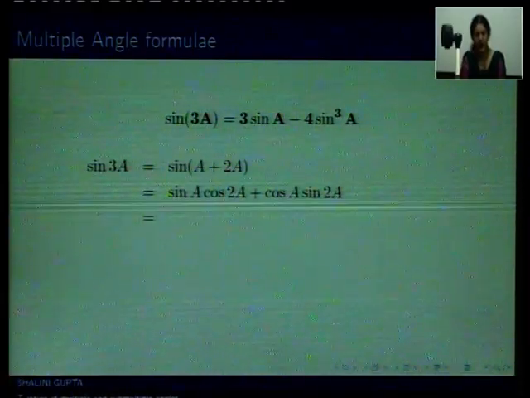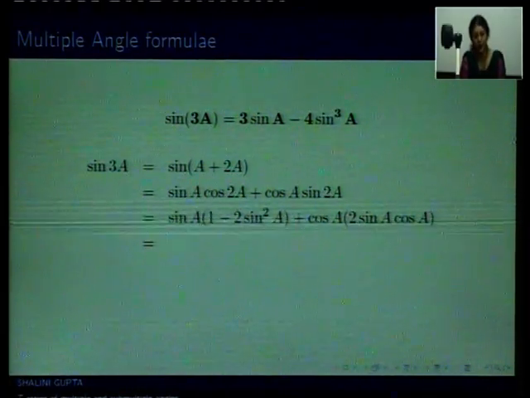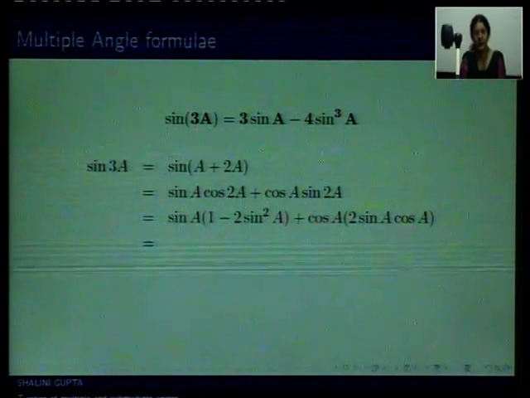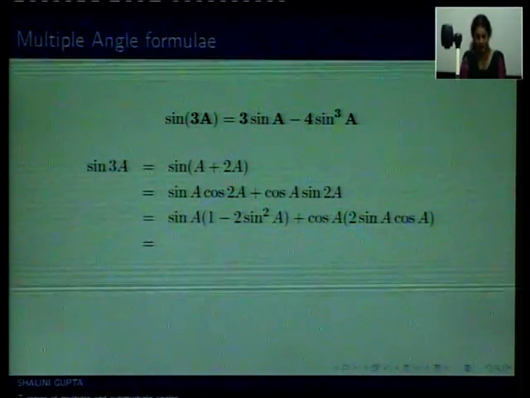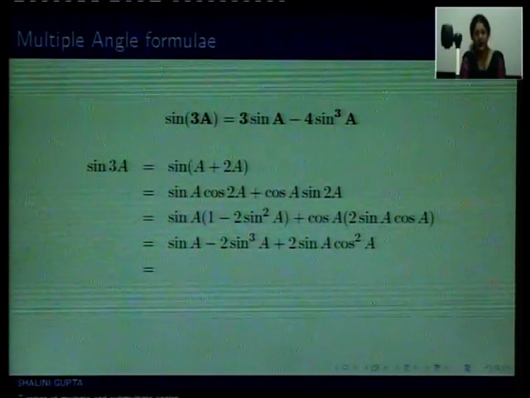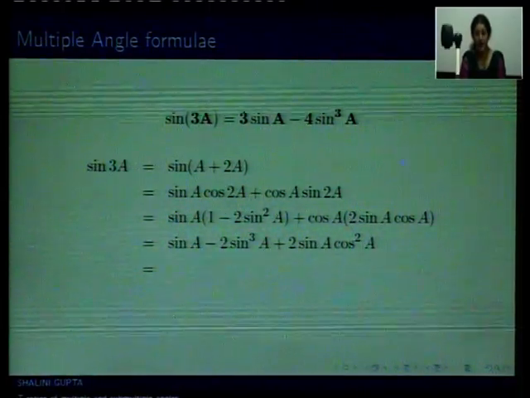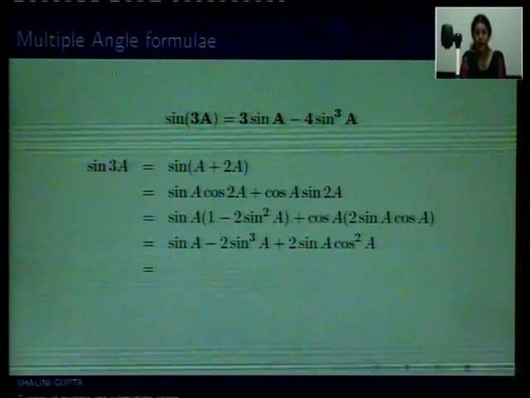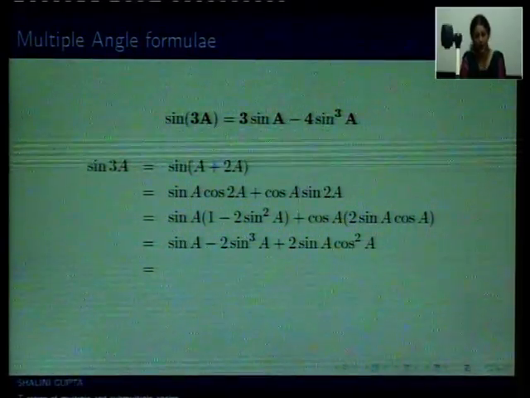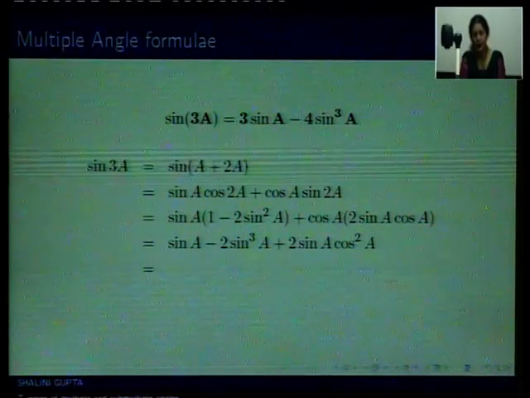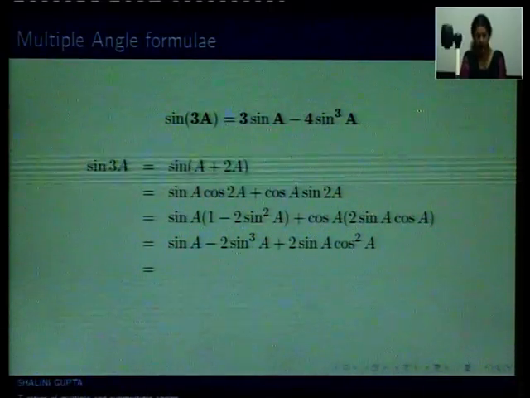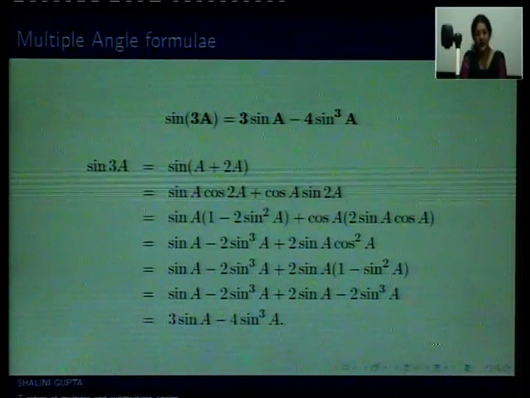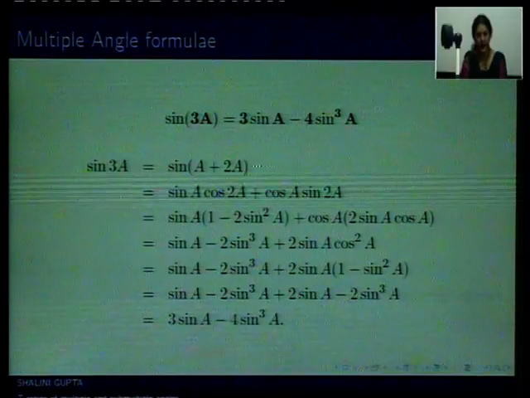We know that cos 2a is equal to 1 minus 2 sin square a, and sin 2a is equal to 2 sin a cos a. Simplifying this, sin 3a is equal to sin a minus 2 sin cube a plus 2 sin a cos square a. Again, putting the value of cos square a as 1 minus sin square a, I get this expression equal to 3 sin a minus 4 sin cube a.